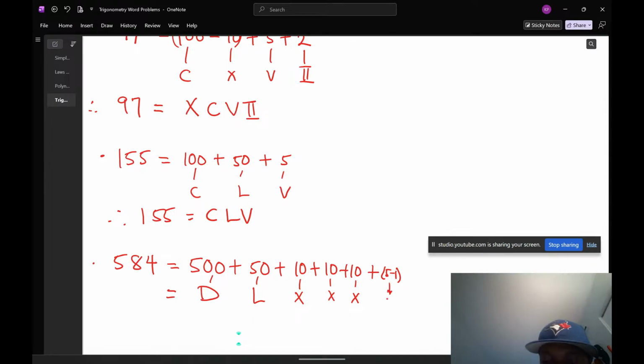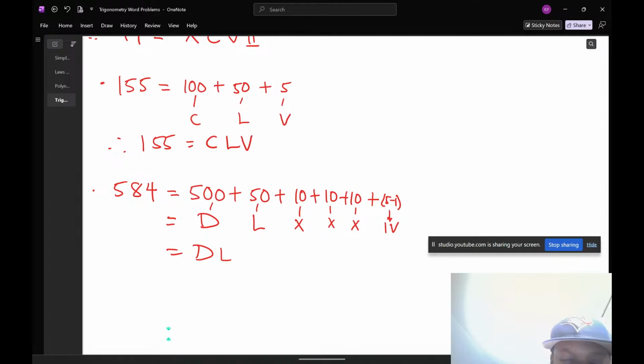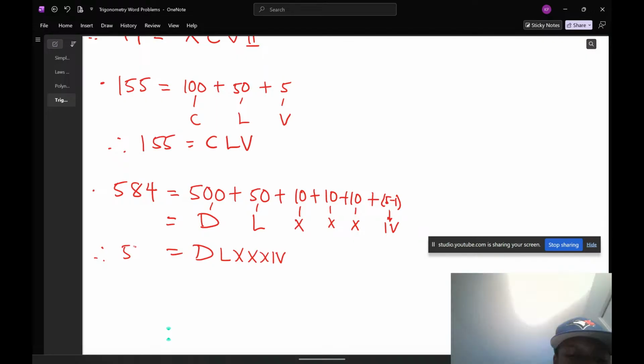That will be written as IV. Okay. I don't need to expatiate further on that one. I believe everybody already got it since I've been talking about it. So now we can write it as DLXXXIV. Okay, so we can say that 584 is DLXXXIV.